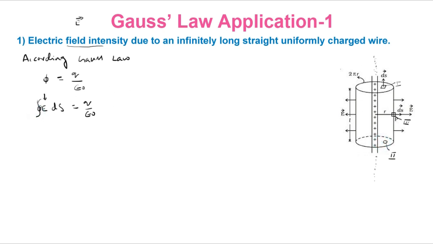That is the closed integral symbol. This flux formula includes only the magnitude. If you want the direction also, you can write E into ds cos theta, which is equal to Q by epsilon naught.